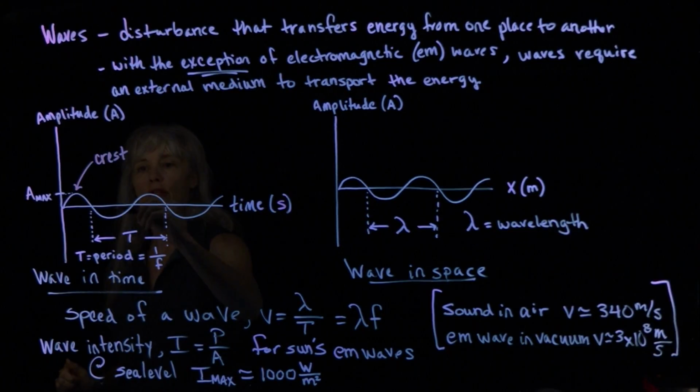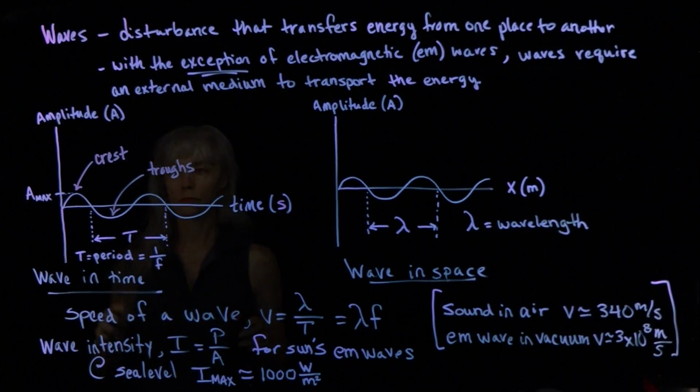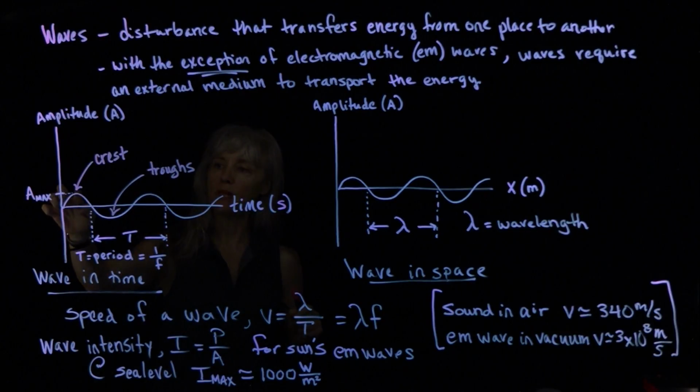And then through these lows, and these lows are called troughs. So you see here the wave comes up through a crest, moves through zero amplitude, and then back down to the trough. I've drawn a dashed line as it transitions from the crest to the trough, going through zero.